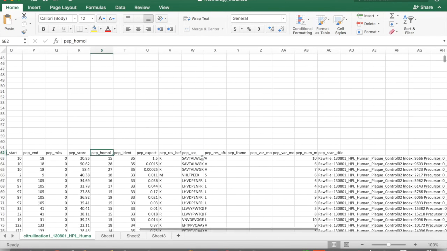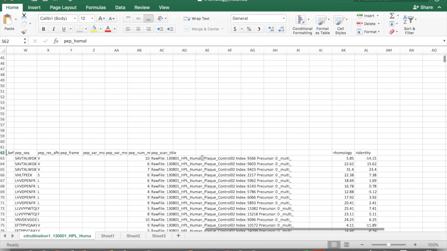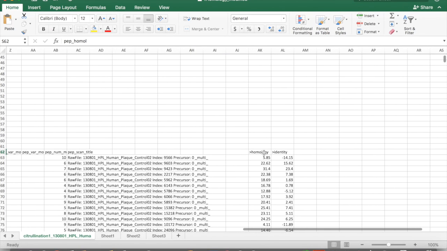In each CSV file, we created another two columns. One is called greater than homology threshold, which is peptide match score minus the peptide score homology threshold. The other is called greater than identity threshold, which is peptide match score minus the peptide score identity threshold.